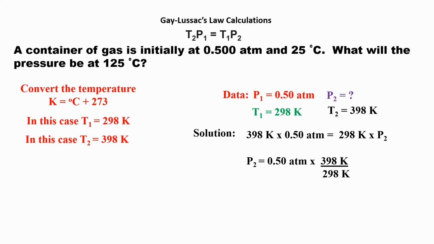To solve for P2, we arrange the data as follows, where P2 is equal to 0.50 atm times 398 K divided by 298 K. The K's will cancel, and the answer is 0.668 atm.